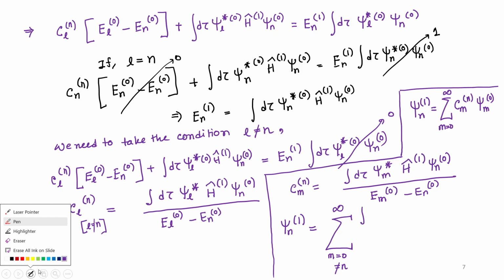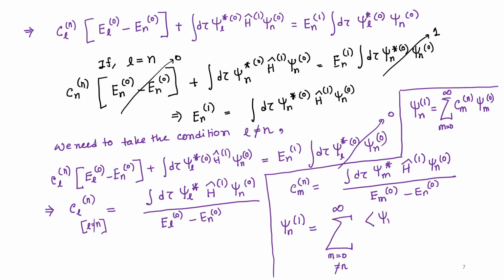And obviously in bracket notation, let me write it for once. It would have looked like psi m star, obviously 0th, then your perturbation and your this, divided by Em0 minus En0th.